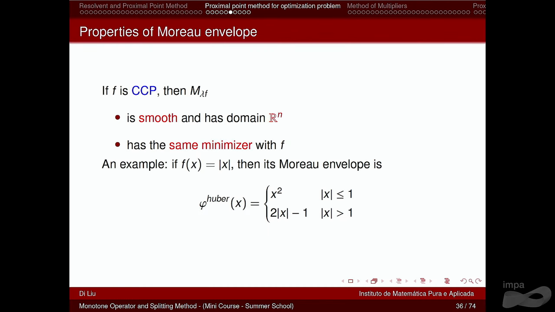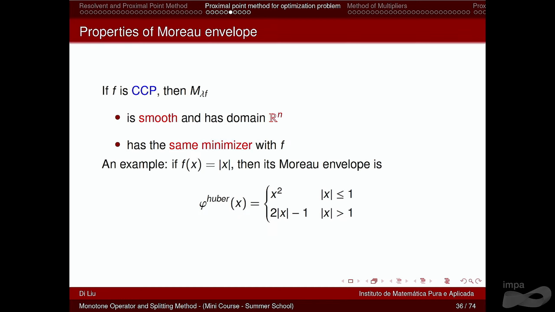And an example is, we check this absolute value function f. Of course, it's a CCP function. It's closed and convex because the epigraph is closed and convex. It's proper because it will not reach negative infinity and it is finite at least somewhere, okay? And its Moreau envelope you can derive by the definition.